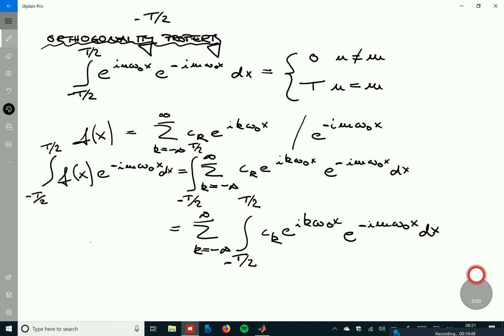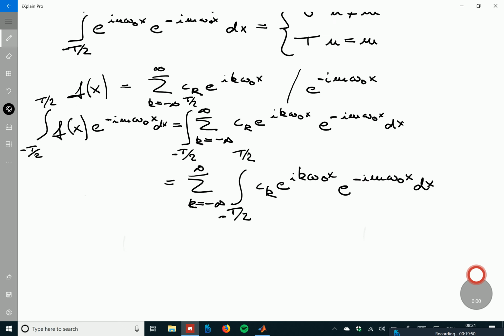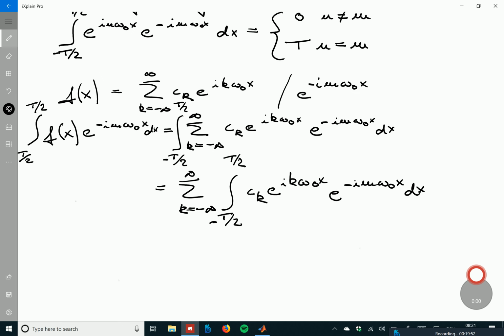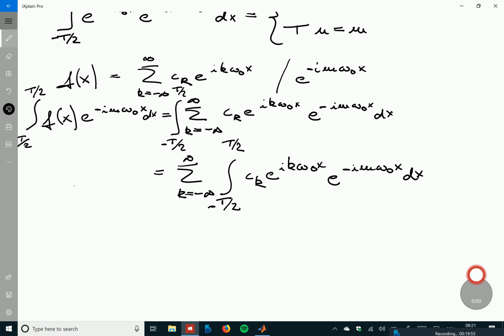And then we can use this orthogonality property. So all these integrals are 0 except when k equals m. Remember, k is the running index, so k goes from minus infinity to plus infinity, and at one point it is m. M was chosen arbitrarily. If it's not m, everything is 0.